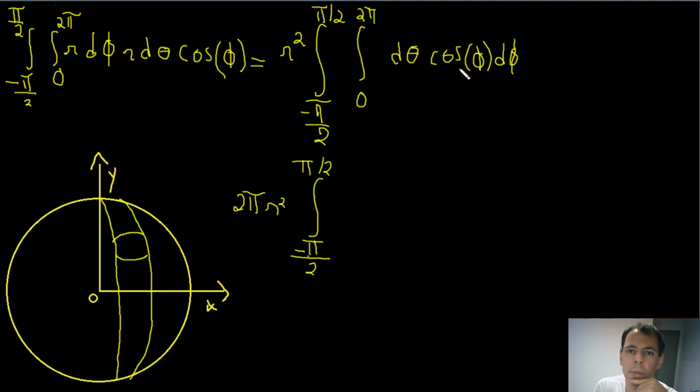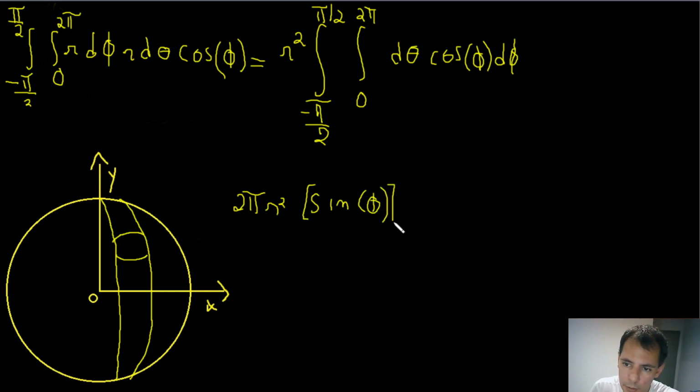What's the integral of cosine of phi? It's going to be sine of phi. I'm going to erase this thing because I'm already integrating. So it's going to be sine of phi, and you're going to plug in from minus pi divided by 2 all the way to pi divided by 2.